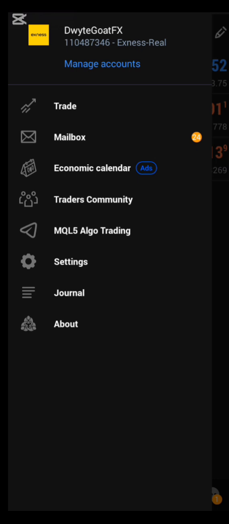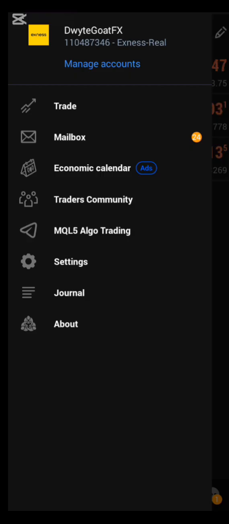But in our next tutorial where we are going to be trading, I'm going to make a deposit so we can trade real life while I make the tutorial. As you can see, we have trades, we have news, economic calendar, trade community, and so on and so forth.